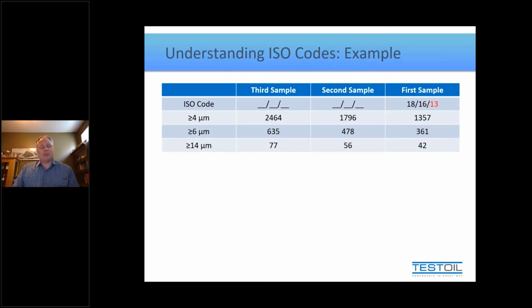If we went to the trouble to do the next 2 samples, which I'll save us on time here, what you'd find is that they all code out to be 18, 16, 13. That's the point, right? If you go through and code results, all 3 of these examples work out to be 18, 16, 13. Now, if I show you that they're all 18, 16, 13 and ask you what the particle count is doing from the ISO code perspective, you would say it's staying steady, right?